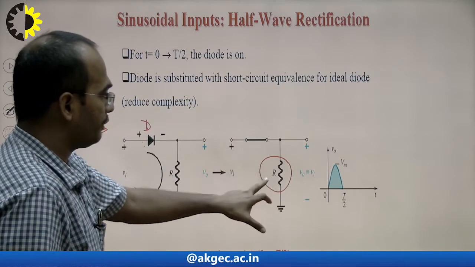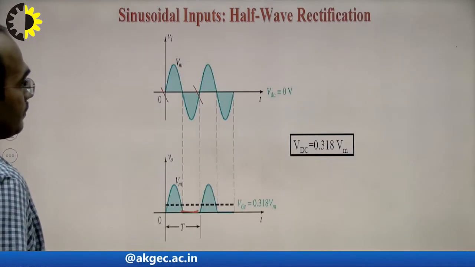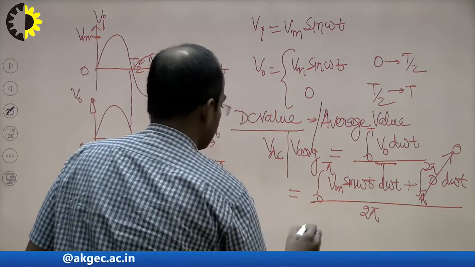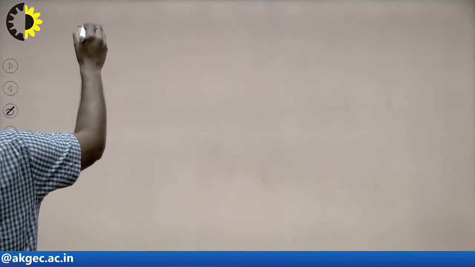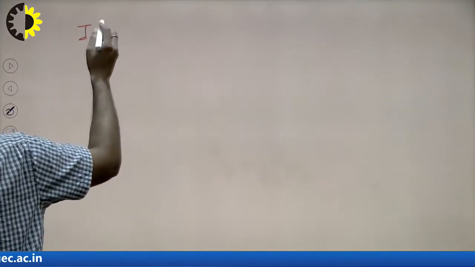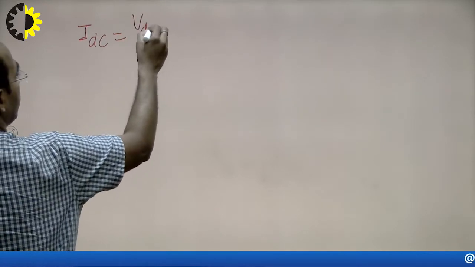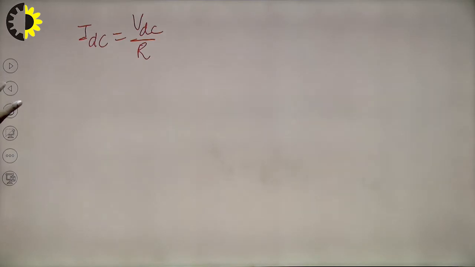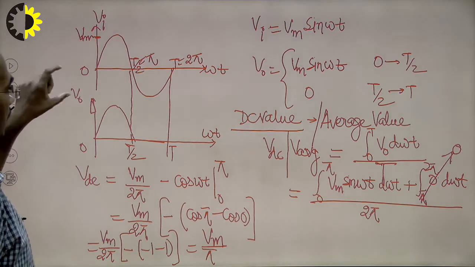IDC is nothing but VDC by this resistance, VDC by R.